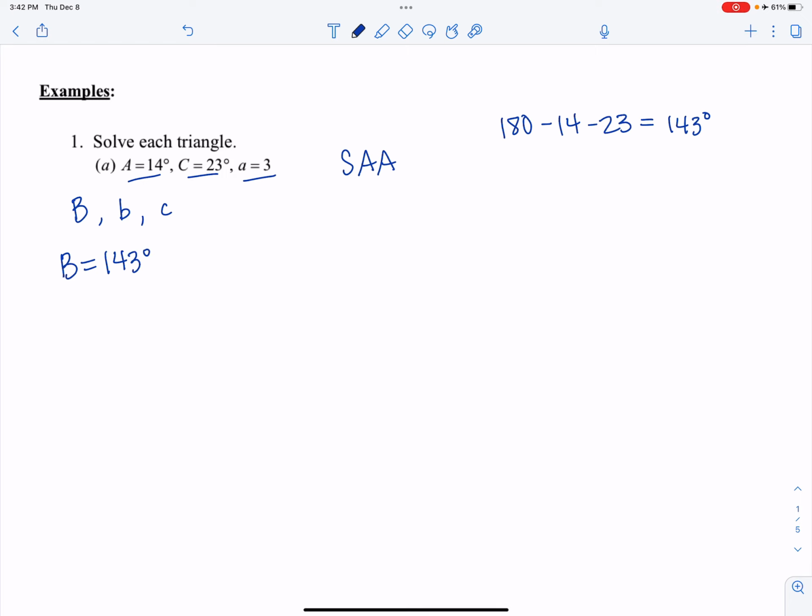And now that I have all of my angles, it's really open for me to choose how to solve for my sides.